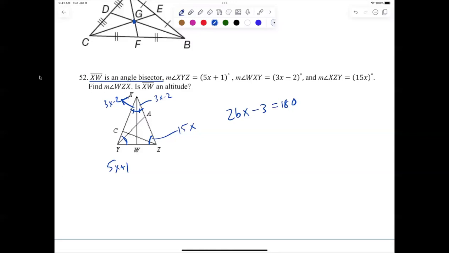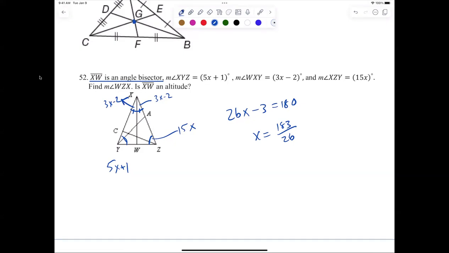Is that right? 26x minus 3 equals 180. Oh, no. And so what is x? 7.03. So 183 over 26. Does that reduce? I don't think so. Yes, it does. What to what?